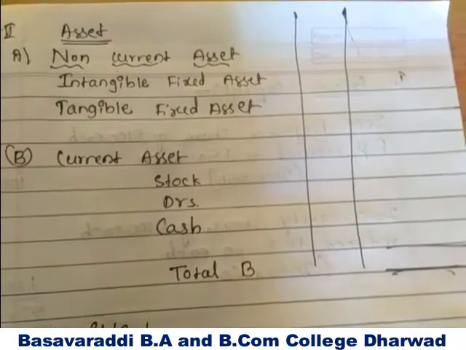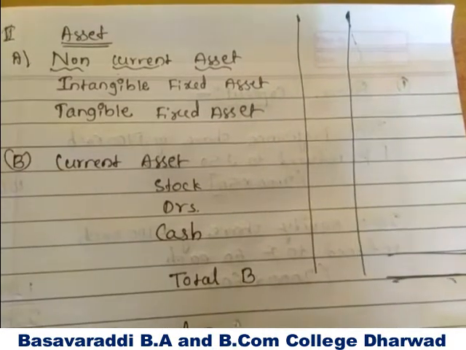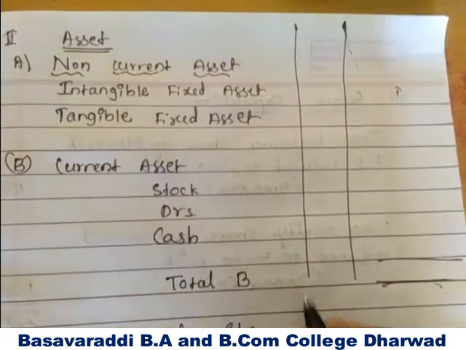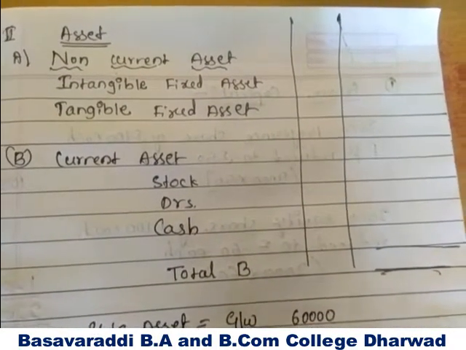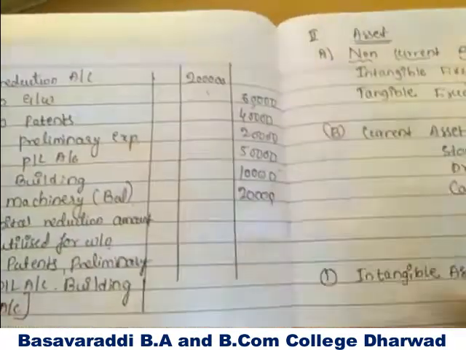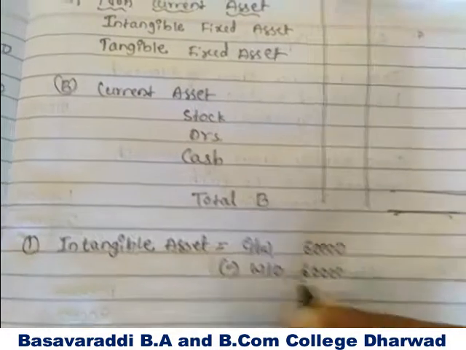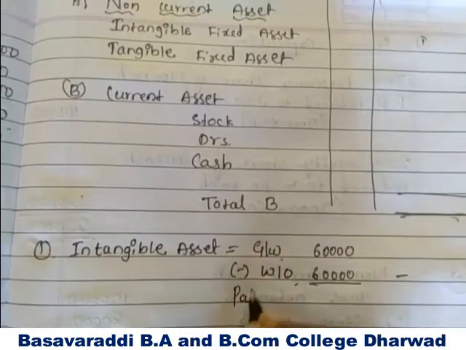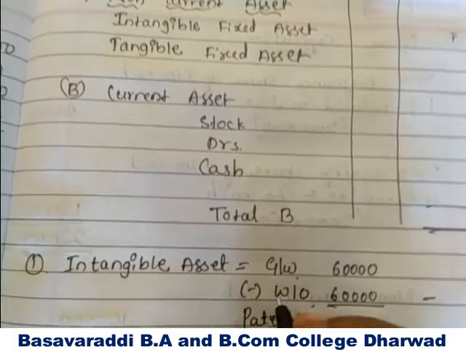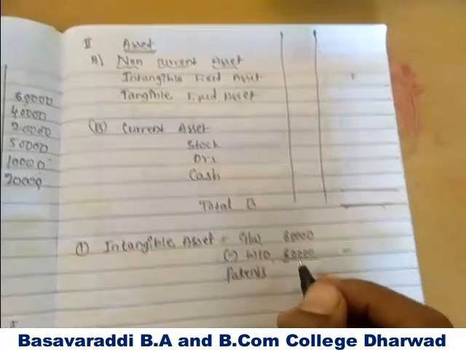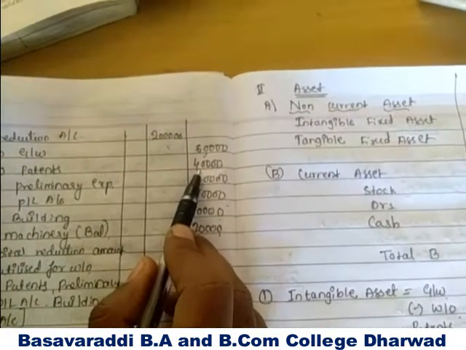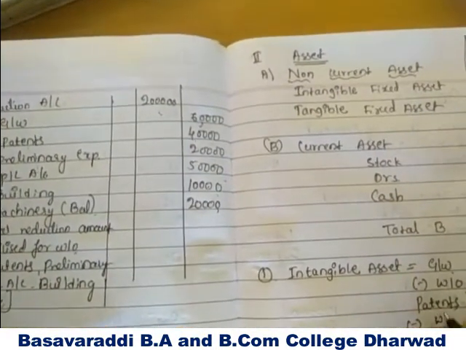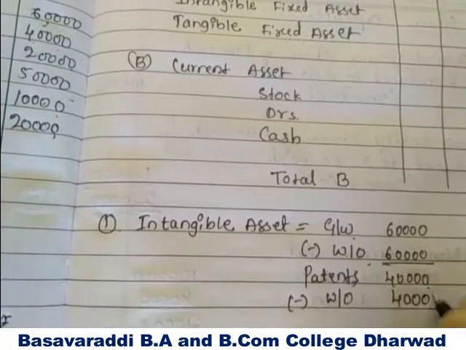In the asset side, first, intangible assets. There are two assets. First one is goodwill. How much? Goodwill 60,000, minus write off. The goodwill amount, how much did we write off? The full 60,000 amount we wrote off. Next, patents. Patents total amount 40,000, less write off. In the journal entry, how much did we write off? 40,000. How much?